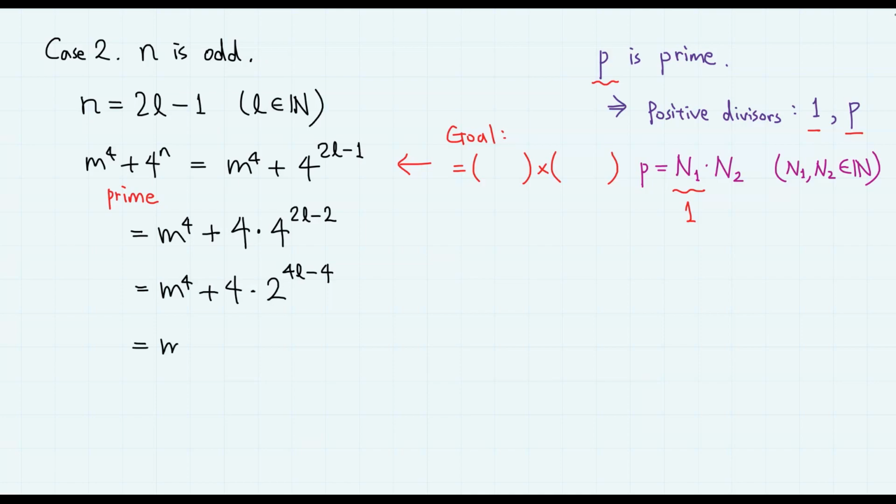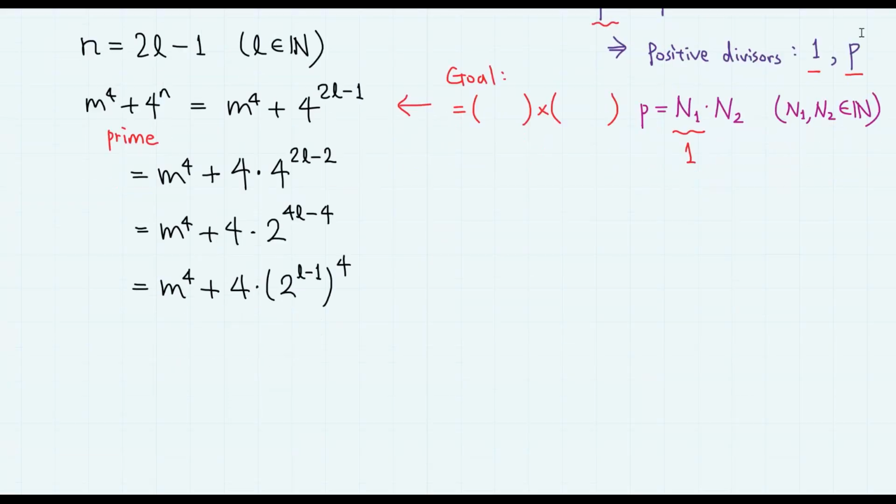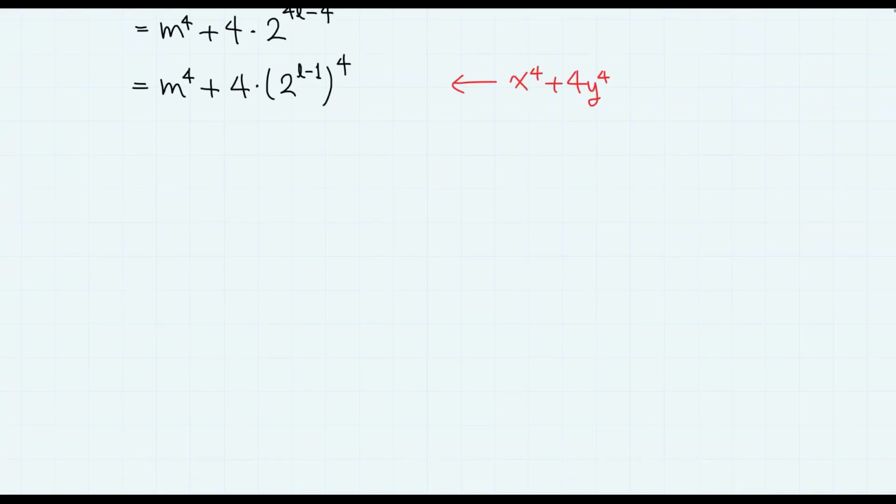Here I'm going to write this as m to the fourth power plus 4 times (2 to the power of l minus 1) to the fourth power. And this is the expression in x to the fourth power plus 4 times y to the fourth power form, which is factorable. Some of you might have learned how to do this in your algebra courses.